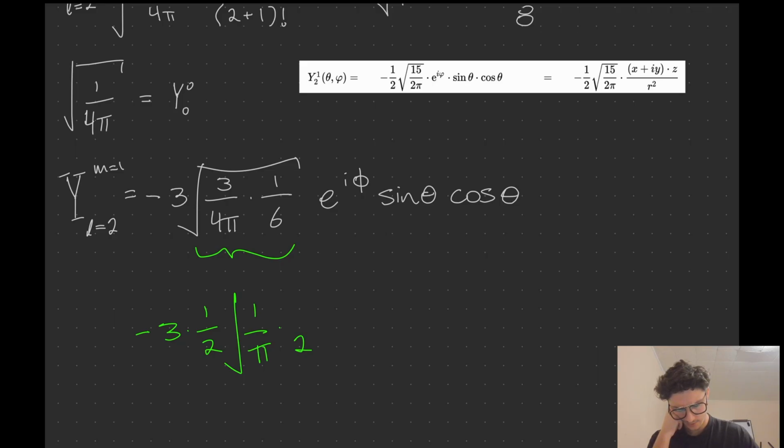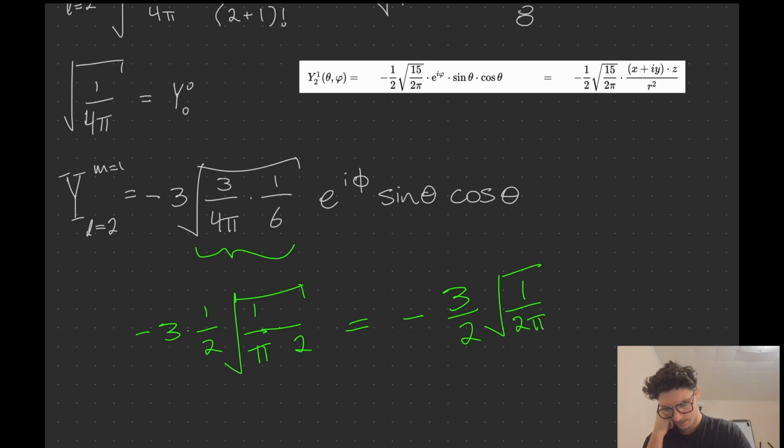But where's this 15 coming from? So what we have so far is minus 3 over 2 square root of 1 over 2 pi. Everything in here is good except, well, we have this minus 1/2 here, but we have an extra 3. And then boom, here 15, and the 2 pi is here.